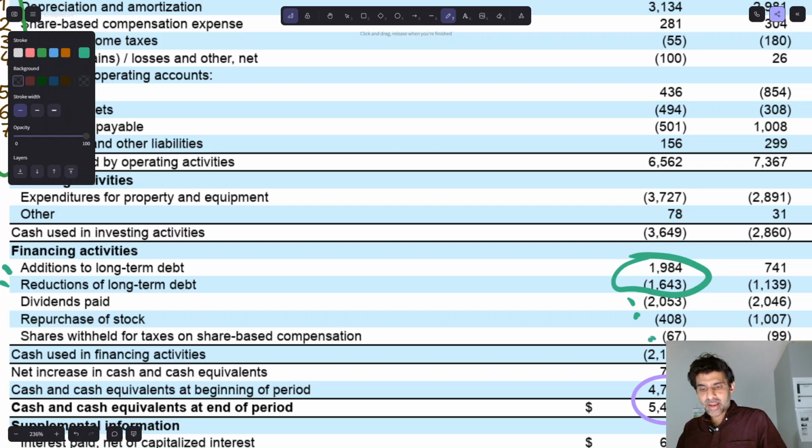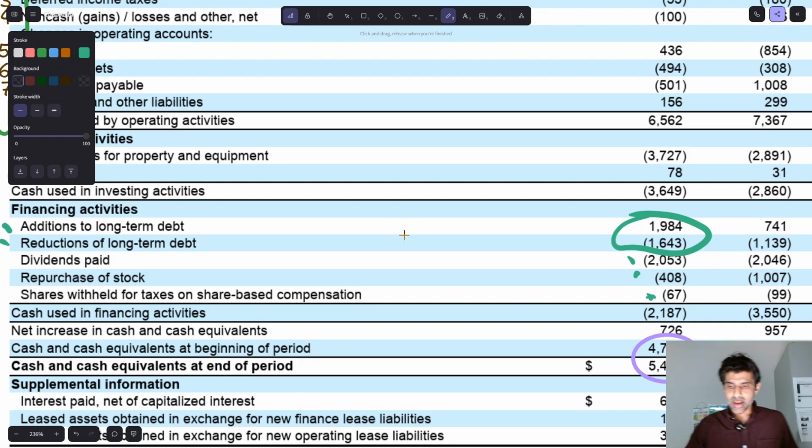And then this is related to stock-based compensation. This is in the financing section because, as I said, the stock-based compensation is a financing activity where the employee is trading their labor for stock and you're paying them for their labor with stock. You're financing the labor with issuing stock basically.